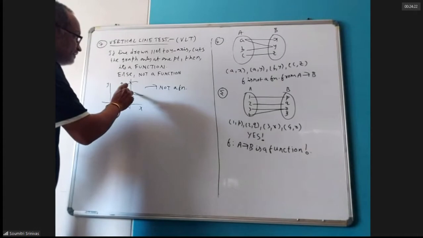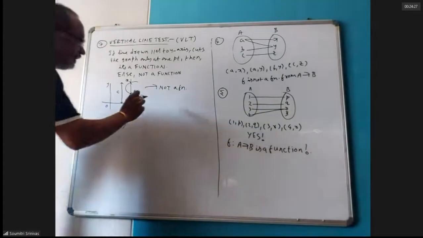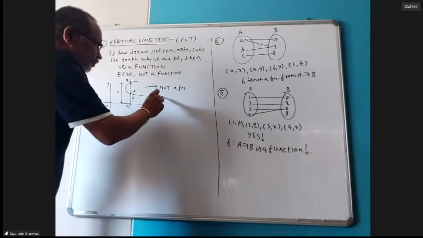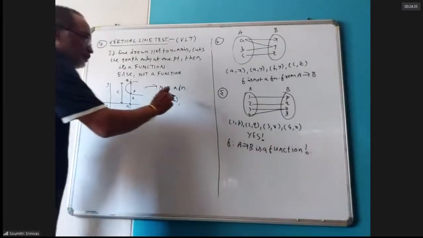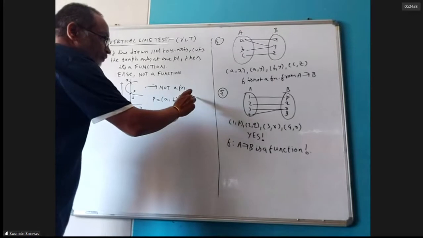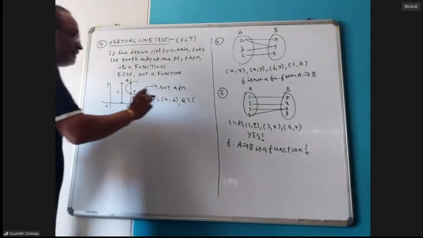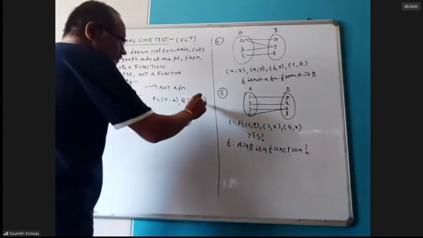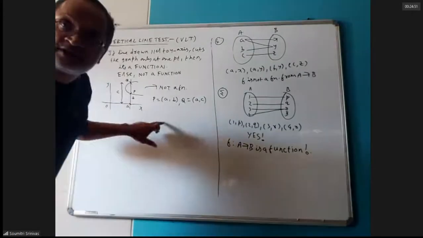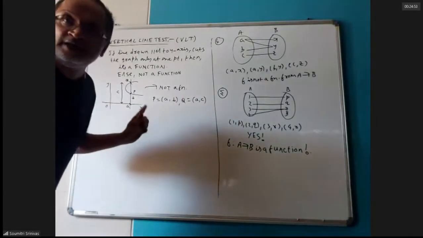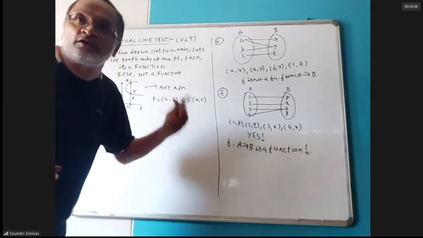If you call this P and this Q, from coordinate geometry, what is your P? A comma B. What is your Q? This length is A, this length is C. Look at the two ordered pairs. Do they have the same first coordinates? Yes, sir. Hence it is not a function.